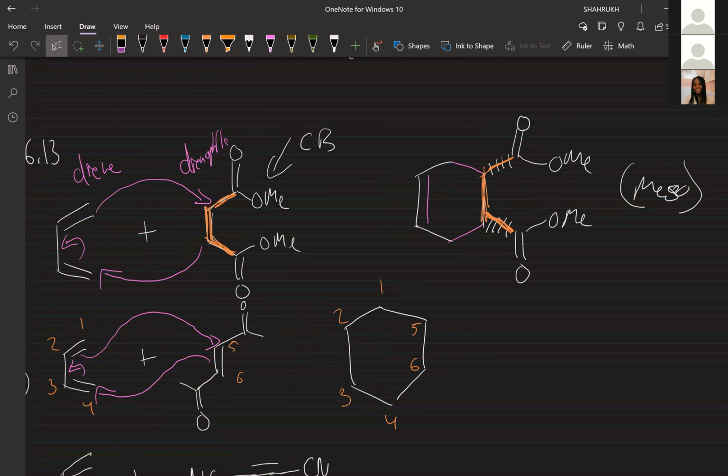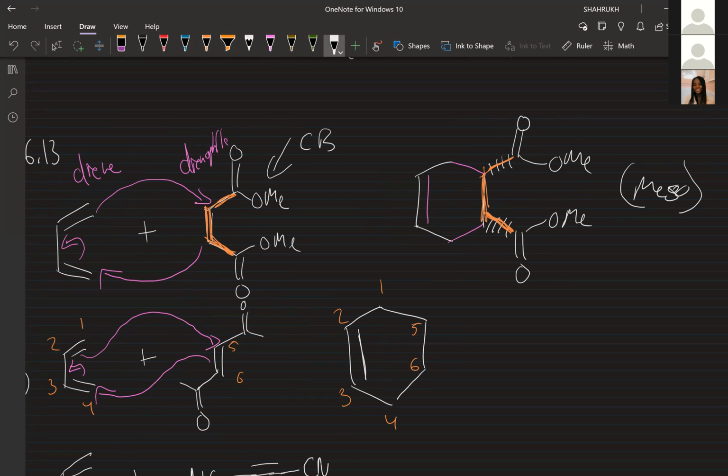We created a bond between carbons 1 and 5, and we created a bond between carbons 6 and 4, right? The double bond between carbons 5 and 6 is now gone. And now there is a double bond, right, that moved from 3 to 4 to 2, 3, right? So that's the base structure, right? Now it's just the substituents that are left, right?